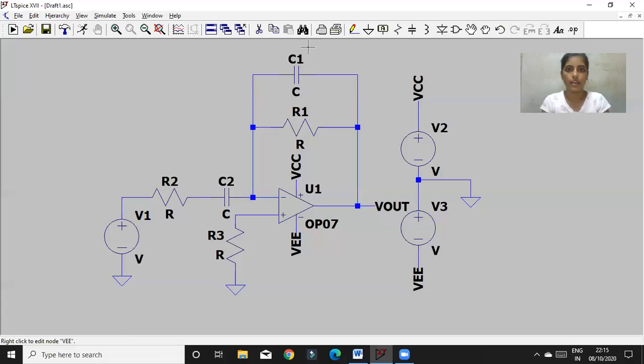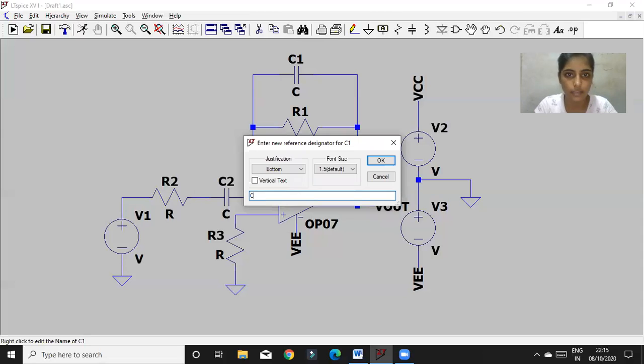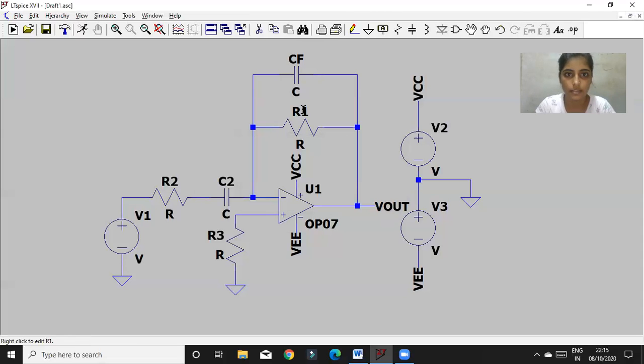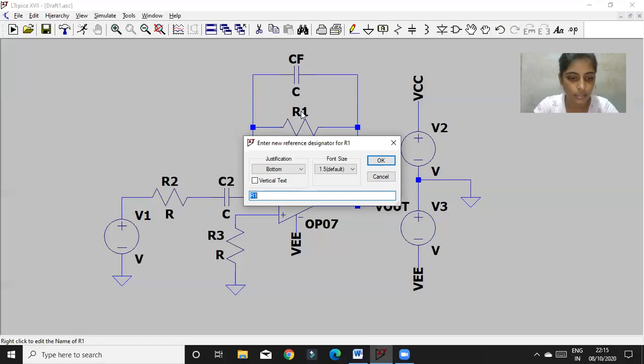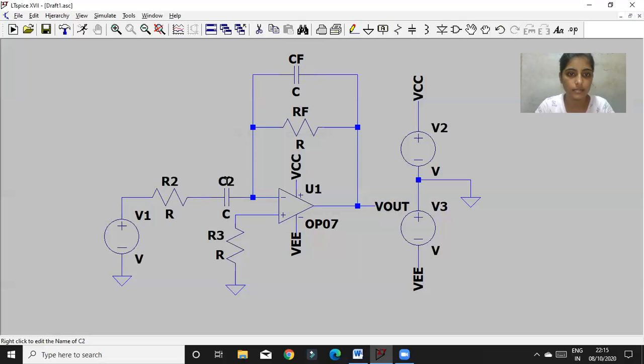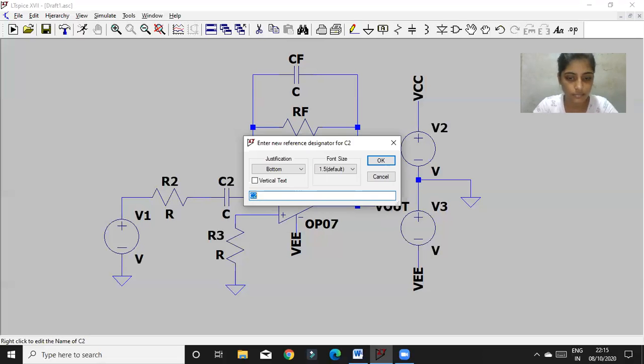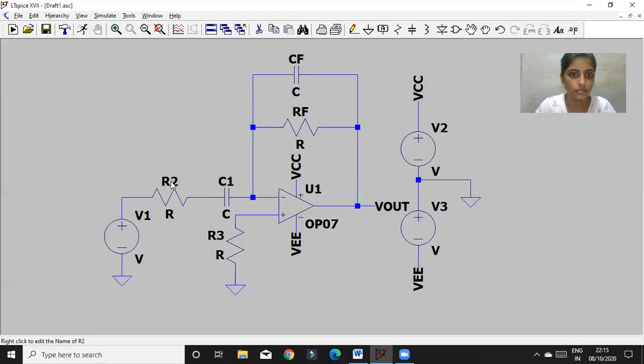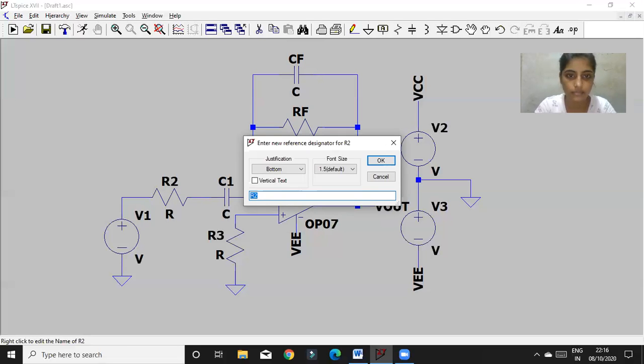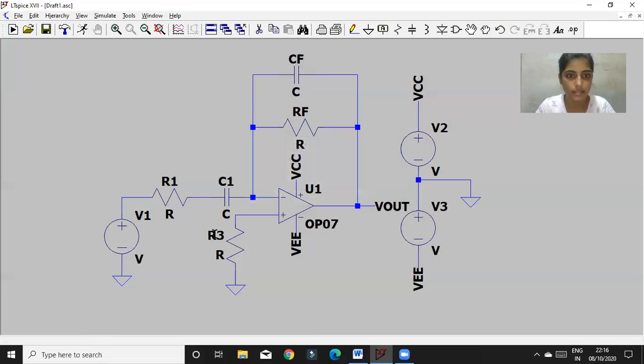Now this is my CF, this is my RF, this is my C1, this is my R1, and let's say this is my R2.